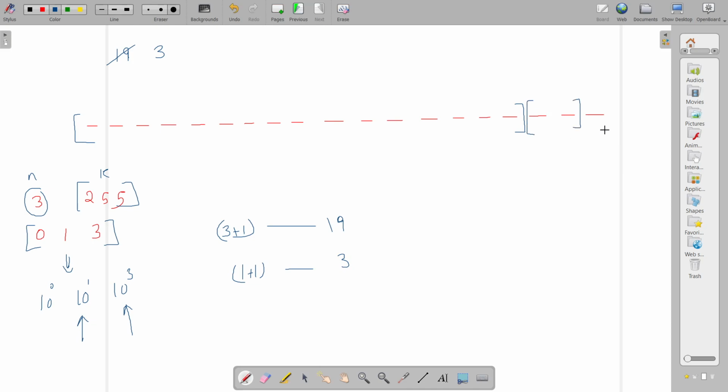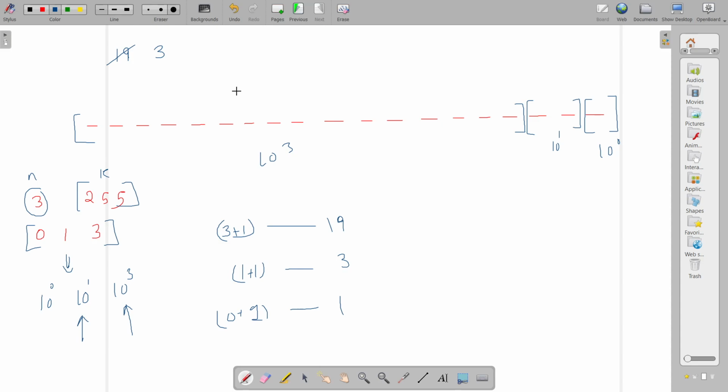This is one based indexing: 1, 2, 3, 4. And for the last, I have only one digit remaining, and everything from 0 plus 1 to 1 is going to be this segment. Okay. So this corresponds to 10 to the power 3, this corresponds to 10 to the power 1, and this corresponds to 10 to the power 0.